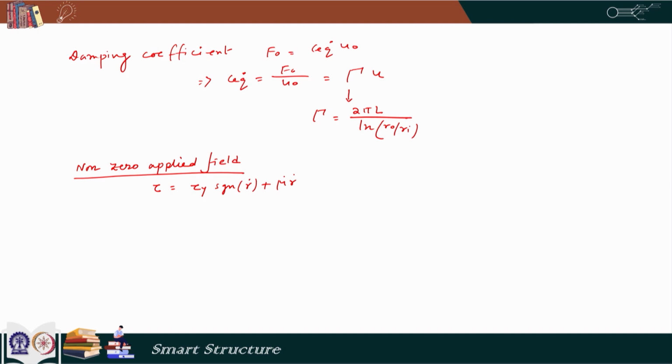So, when gamma dot is negative, it is minus tau_I, and when gamma dot is positive, it is plus tau_I. So, tau equals tau_I plus mu into gamma dot when gamma dot is positive, and minus tau_I plus mu into gamma dot when gamma dot is negative.